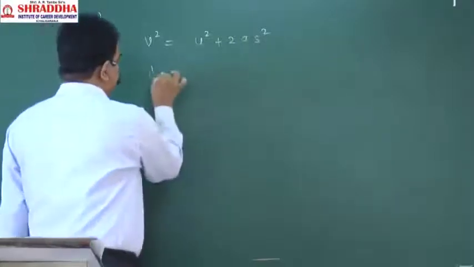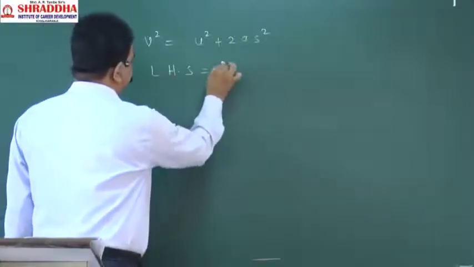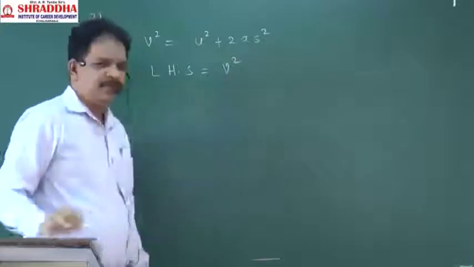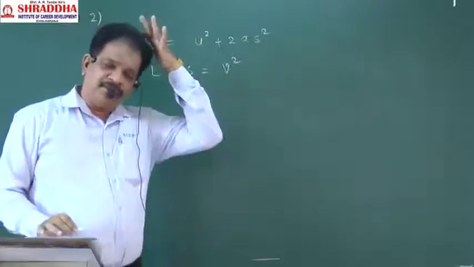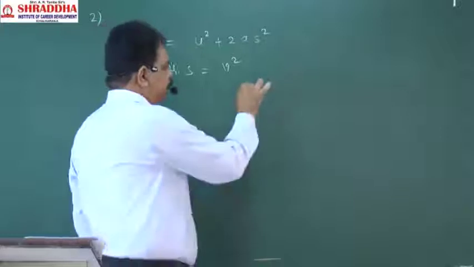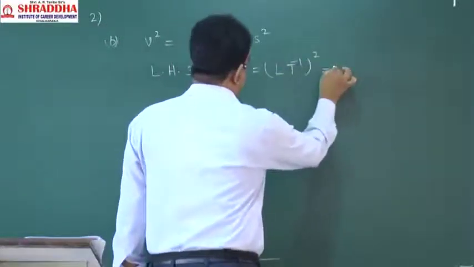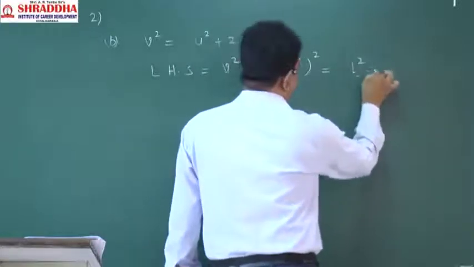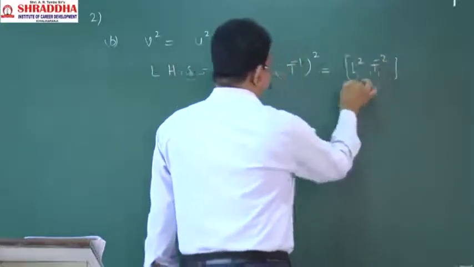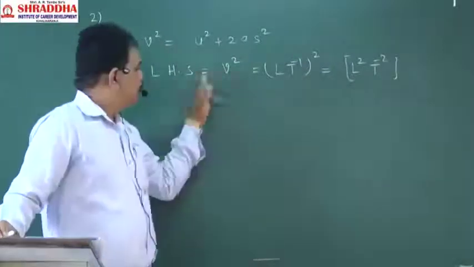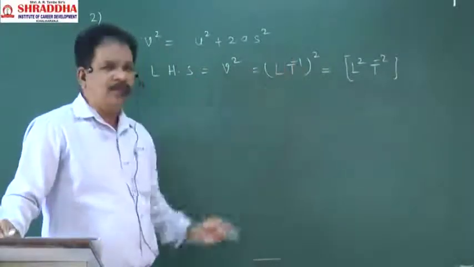So on the left hand side, v square is there. The dimensional formula of v will be LT power minus 1, whole square. This value is L square T power minus 2. That is the left hand dimensional formula.